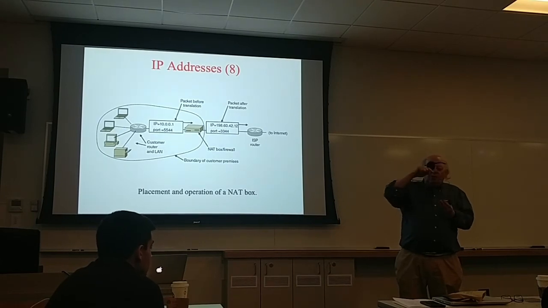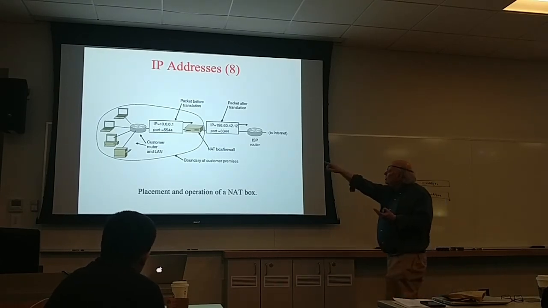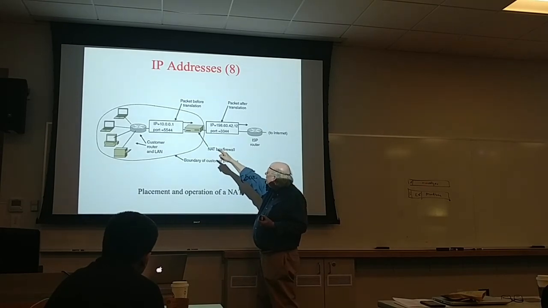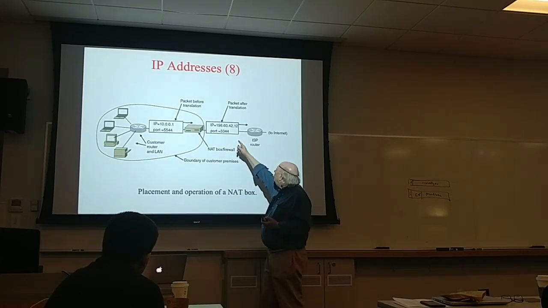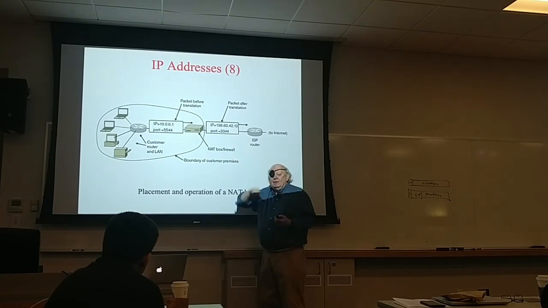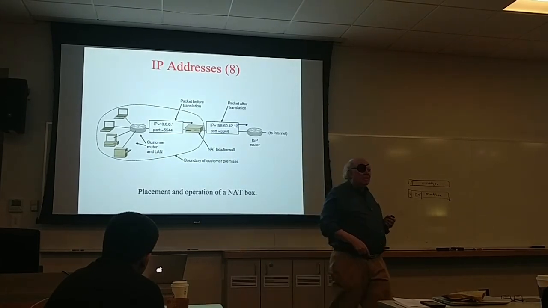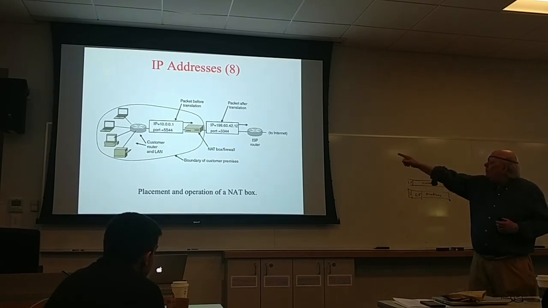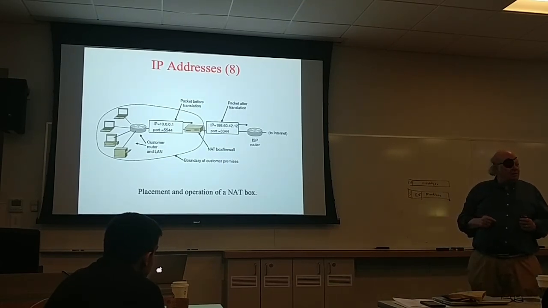So we're going to record that connection, and assign the source port and that address. We're going to keep a table of that and map it to this address and a different port. Now everything coming out of that NAT box is going to be coming from that address, but different ports.